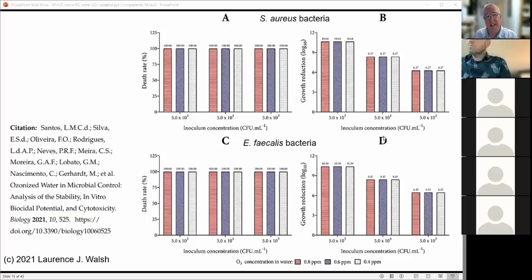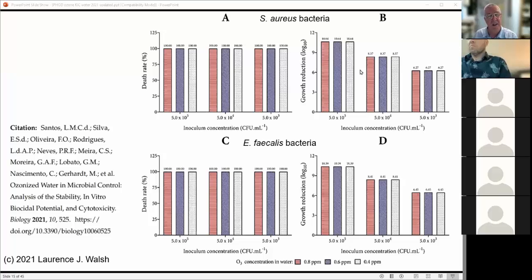So what you find is that as you up the concentration of the ozone, the growth reduction alters in proportion to that. And this is this concept of concentration and time. Some organisms are easier to kill than others. Staph aureus and E. faecalis are both gram-positive, and so their dynamics of killing are actually relatively similar.